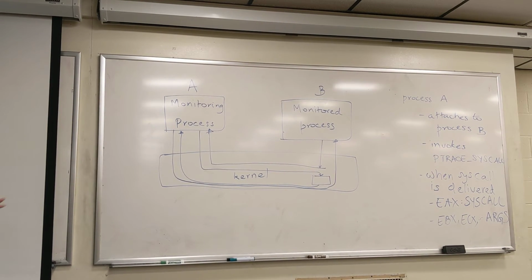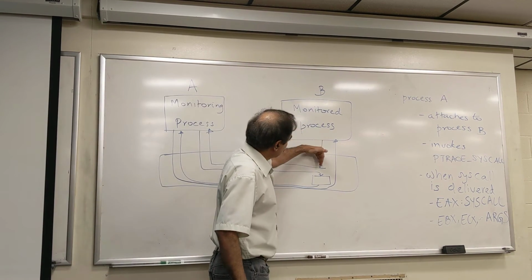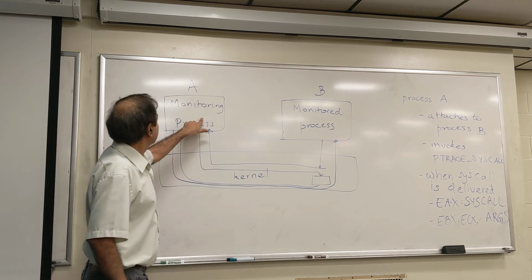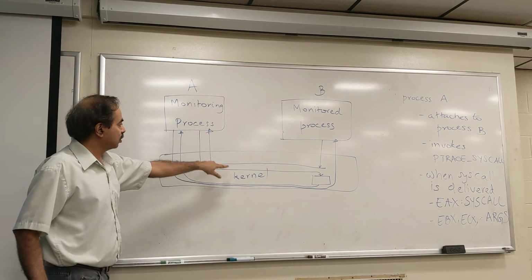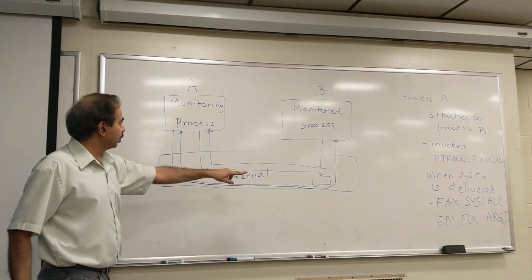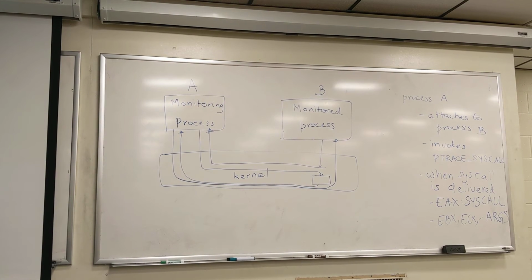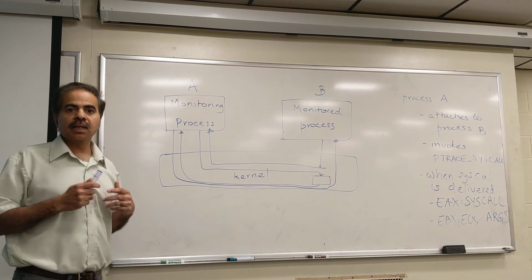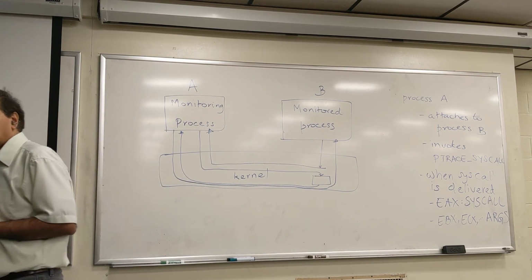Right? So normally, if there is no process that's monitoring, it goes inside the kernel, executes the system call, and comes back. Right? So now instead, it's going to the monitoring process once before the call is executed, and then once after the call is executed. Okay, so that definitely causes some performance overhead, and that's to a large extent the reason why all of this is there: the ptrace mechanism was intended for debugging, right?